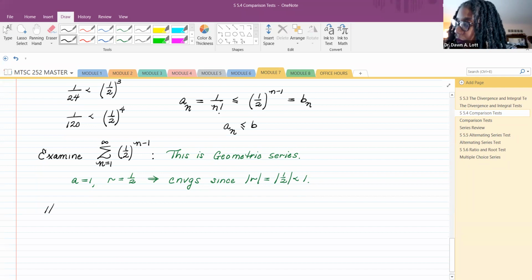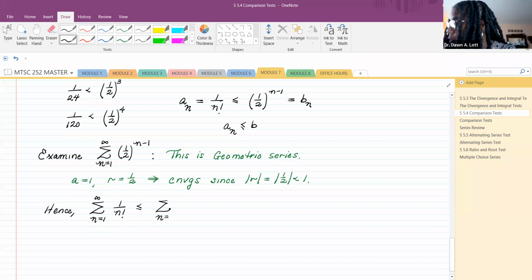Hence, we have the sum n equals 1 to infinity of 1 over n factorial is less than or equal to the sum n equals 1 to infinity of 1/2 to the n minus 1.